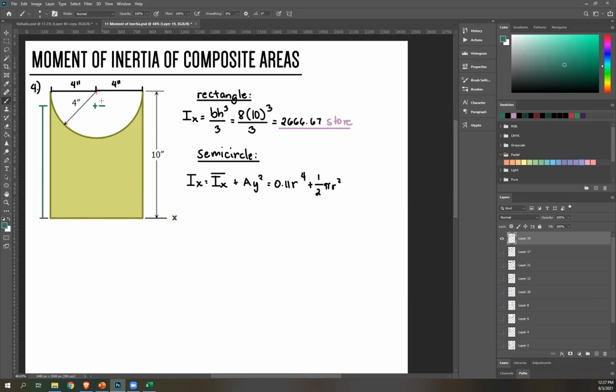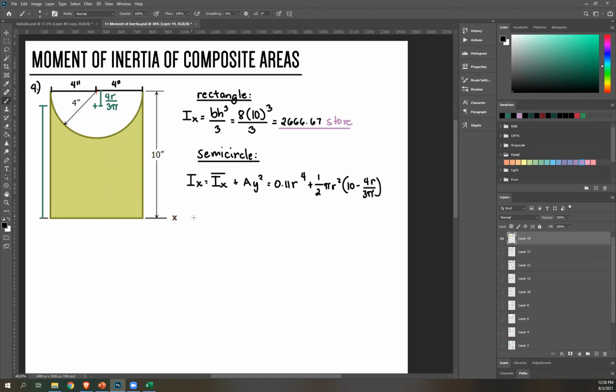What we know is from the centroid to the straight edge. From centroids, you should be familiar with it by now: the distance of the centroid of a semicircle or even a quarter circle to the edge is 4r over 3 pi. Therefore, to get this length, that's just the 10 total height minus 4r over 3 pi.